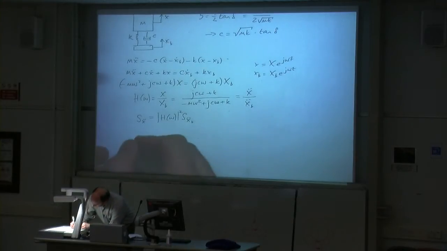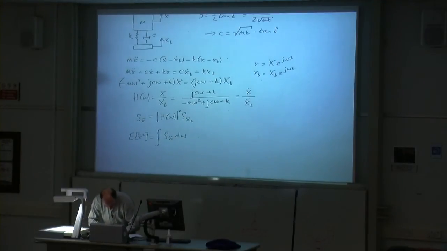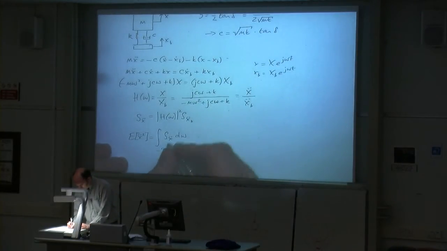And we know that the expected value of x squared is going to be the integral of S x double dot d omega, between minus infinity and infinity.